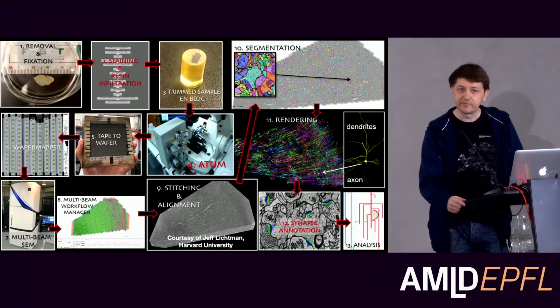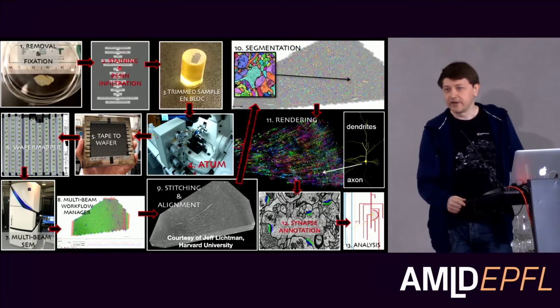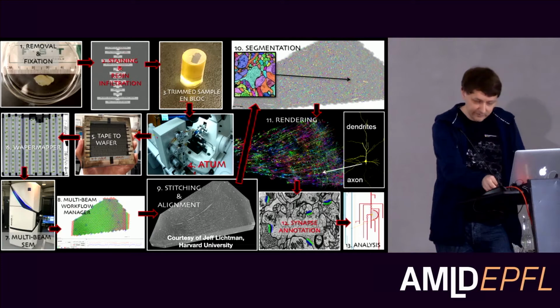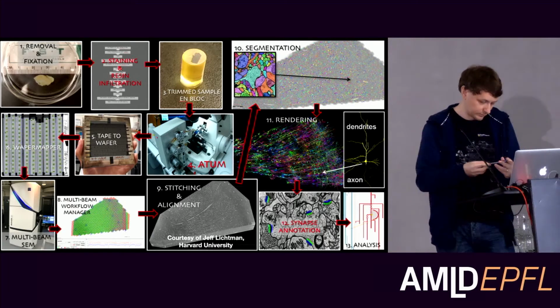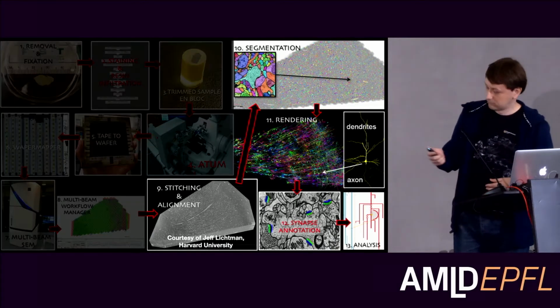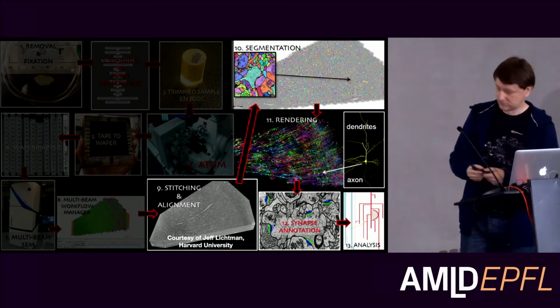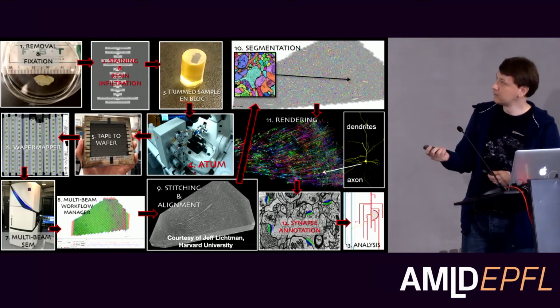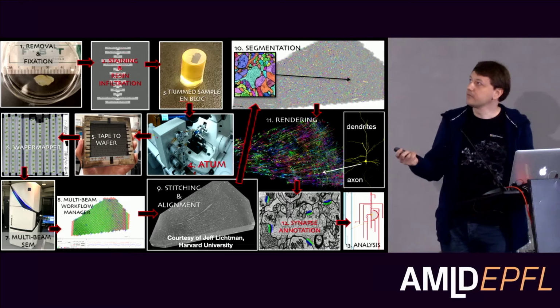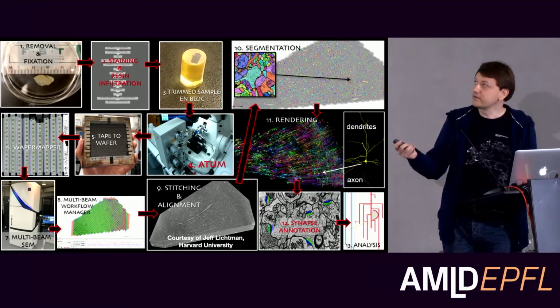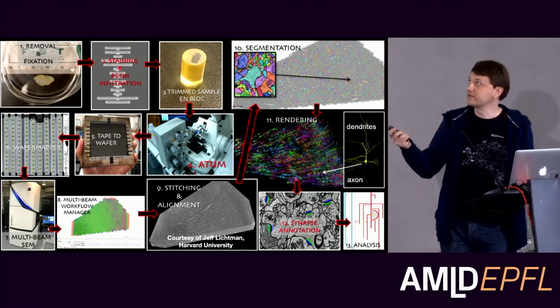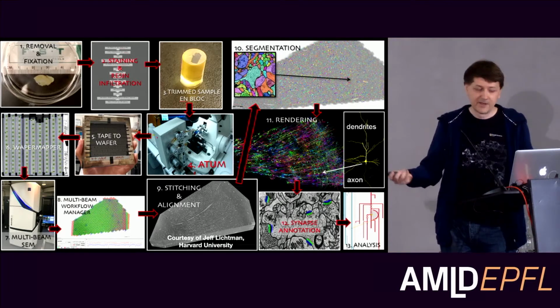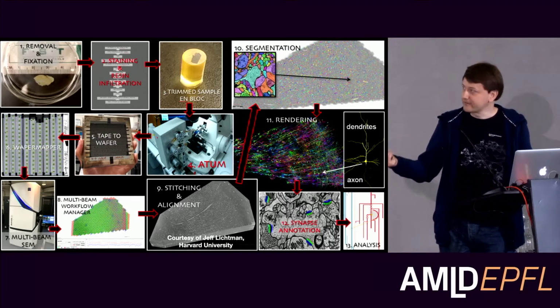It's a multi-step pipeline. Basically, you start from a biological sample of brain that you have to extract, then you have to embed it in resin, you have to cut it into very ultra-thin sections, which you then have to put on a wafer, you have to image it in an electron microscope, and then the data processing starts.